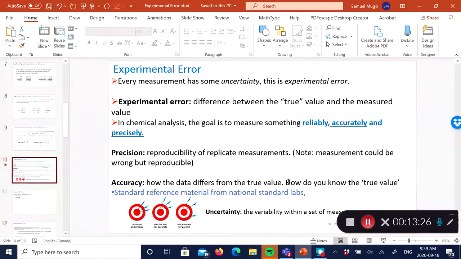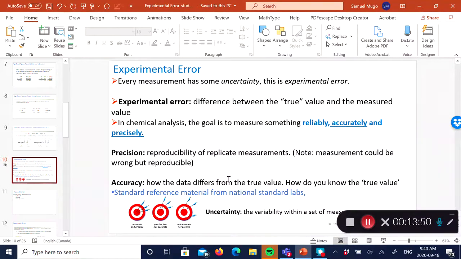Meaning, the data can actually be very, very precise, but be inaccurate. Meaning the data can be distributed around the mean, but very, very far from the true value. Okay. But in chemical analysis, we want both reliable, accurate, and precise data.